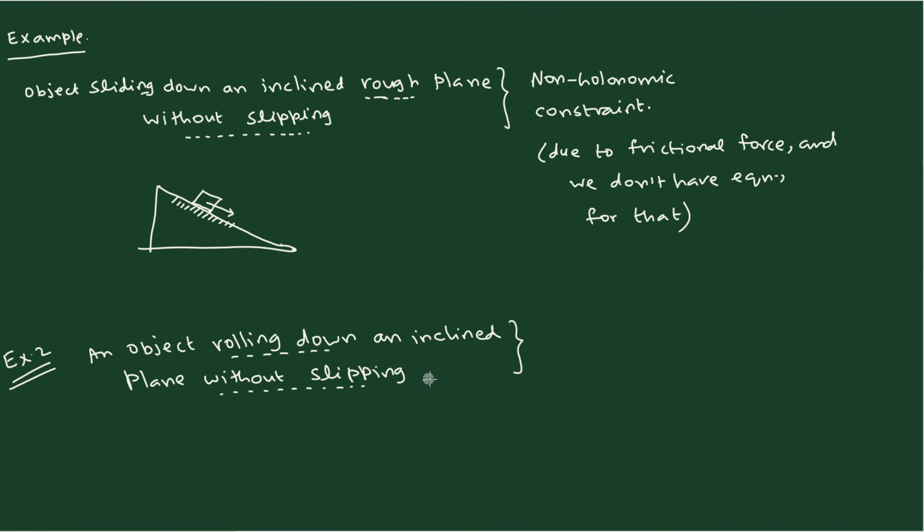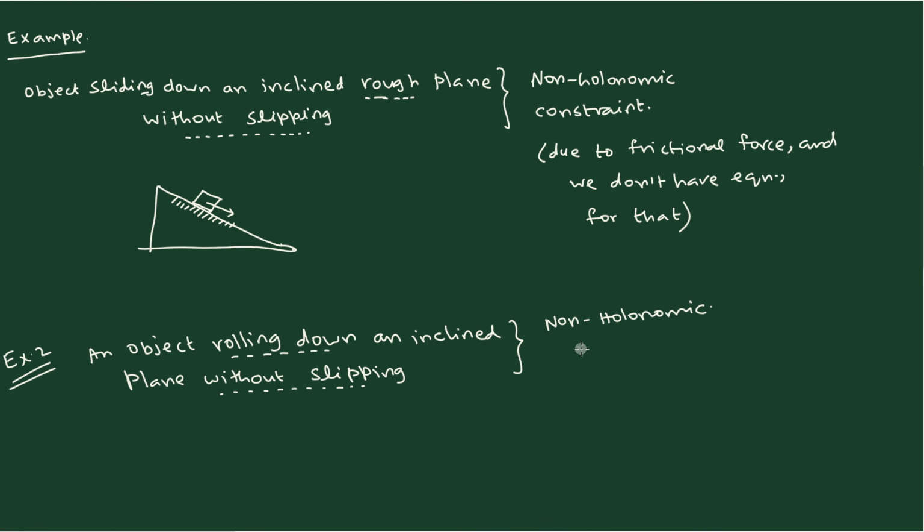Now in this particular case, there is no big difference between the first and second example as far as classification is concerned. You will straight away write down that this is non-holonomic. But that classification is somewhat easy.